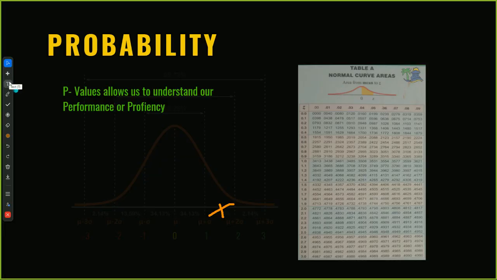So as we dive into this, remember our z value and p value can help us determine what our performance or proficiency is in our process. So we'll go ahead and label our variables here. I'll start at the beginning.